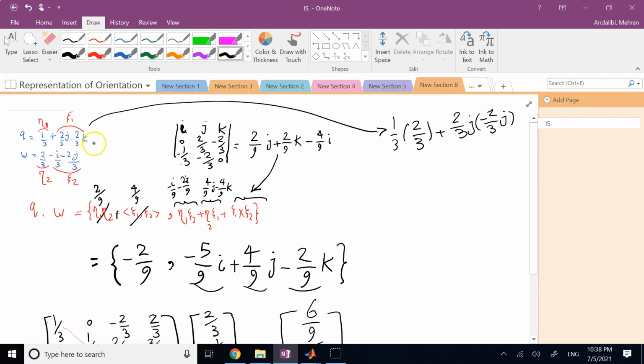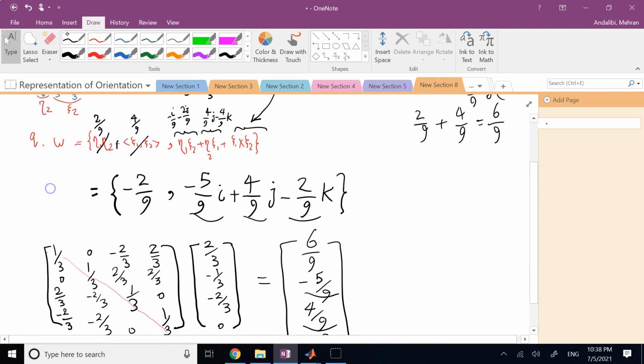Because there is no I, or there is no K, you only get JJ. And here, this is going to be negative 4/9 j squared, but j squared is negative 1, so you're going to get 2/9 plus 4/9. And that should be 6/9. So this guy is actually 6/9. And so now they perfectly match.